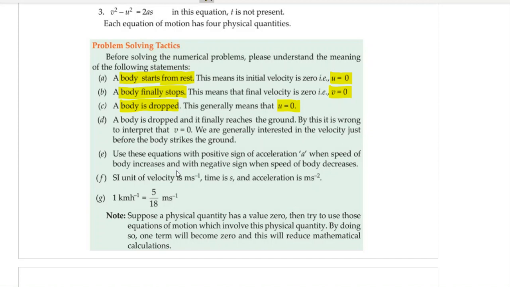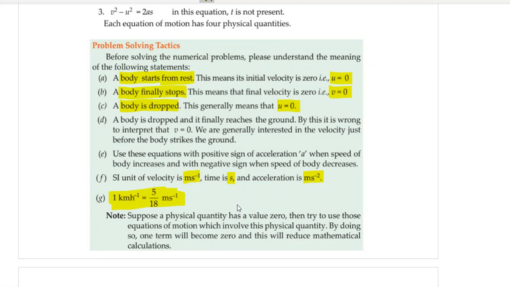Use these equations with positive sign of acceleration when speed of the body increases and negative sign of acceleration when the speed of the body decreases. We know that already. SI unit of velocity is meter per second, time is second, then acceleration's SI unit is meter per second square. And we know how to convert from kilometer per hour to meter per second, don't we? Suppose a physical quantity has a value 0, then try to use those equations of motion which involve this physical quantity.